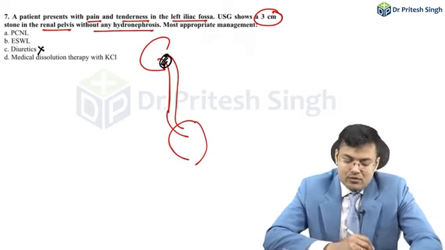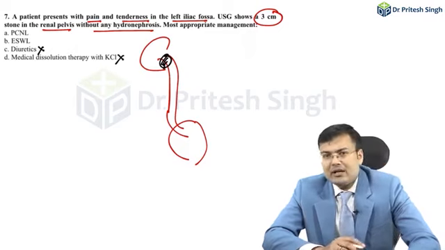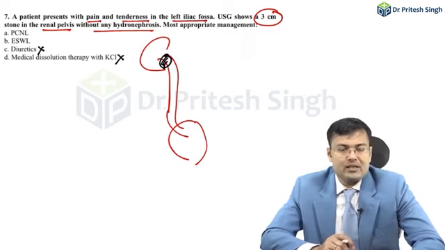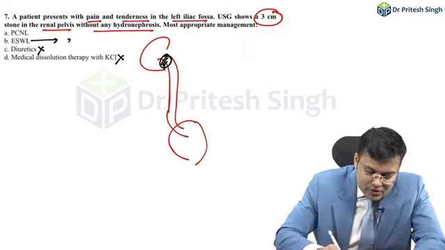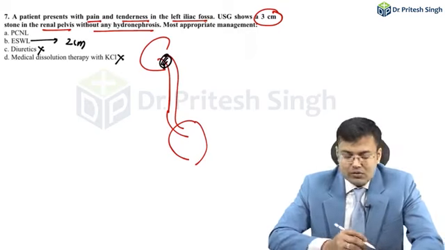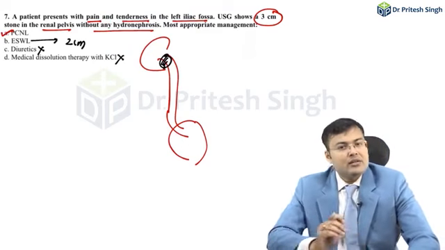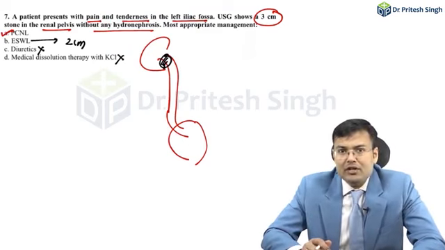Obviously, diuretics, no role. Medical dissolution therapy with potassium chloride, no role here. Now we have to choose between PCNL and ESWL. Just now I told you the maximum size of stone removed by ESWL is 2 centimeter. So the correct answer for this question is PCNL. This stone will be removed by percutaneous nephrolithotomy.